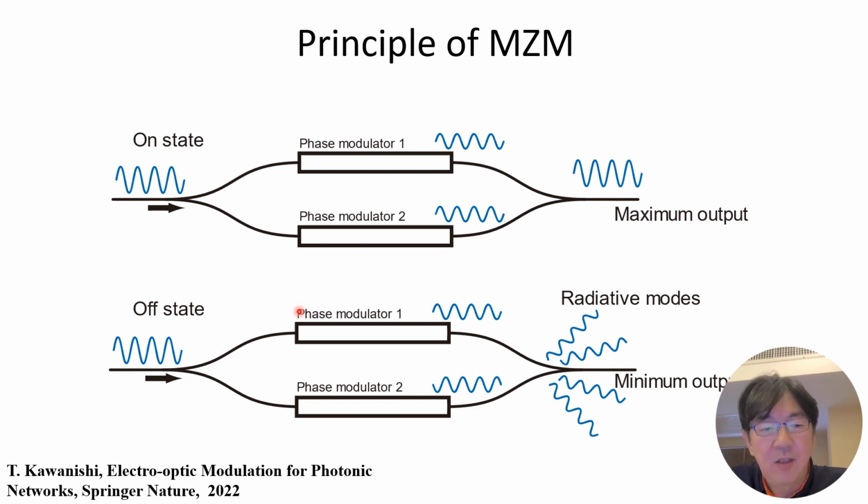In the off state, the phase difference would be 180 degrees, and we would have destructive interference on the waveguide mode and constructive interference on the radiative mode. So we can have the minimum output on the waveguide. This is the basic principle of the Mach-Zehnder modulator. Once again, in the off state, we would have destructive interference on the output port, but constructive interference on the radiative mode.